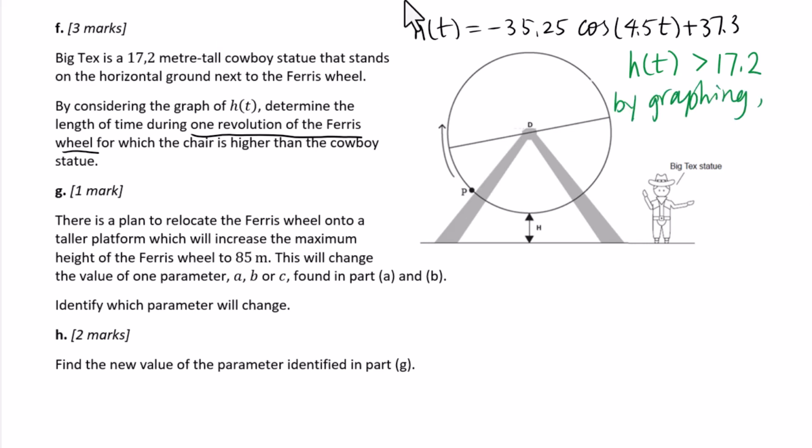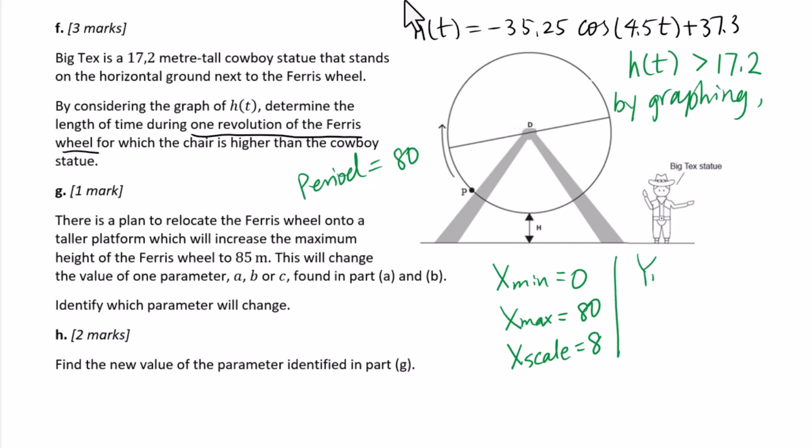We graph this function into the calculator. We need to think about the window. X minimum is 0. X maximum will be the period. Period we already figured out is 80. For the scale, we use X maximum divided by 10, so 80 divided by 10.